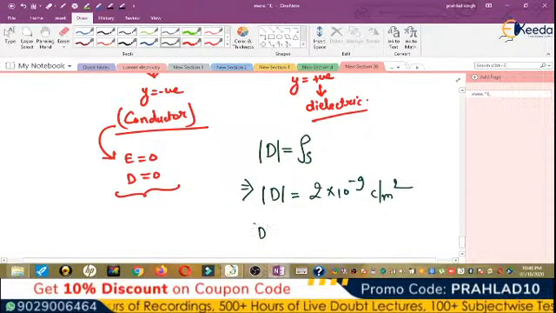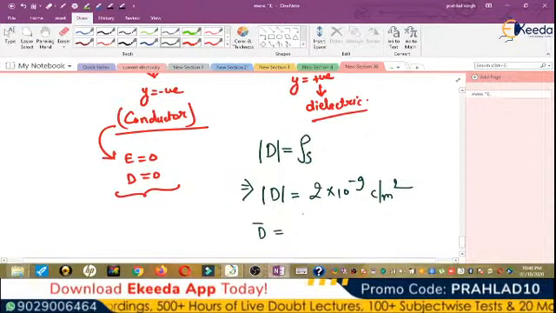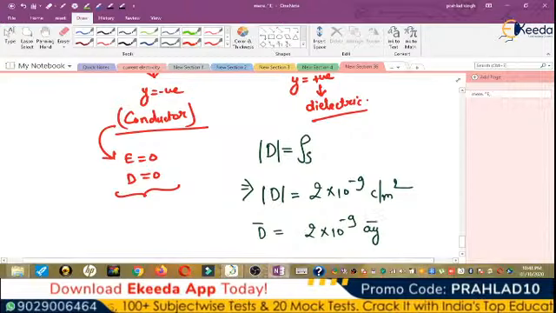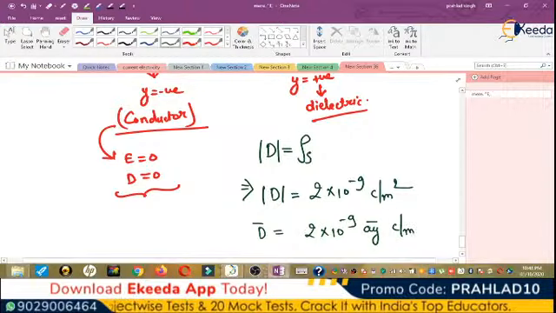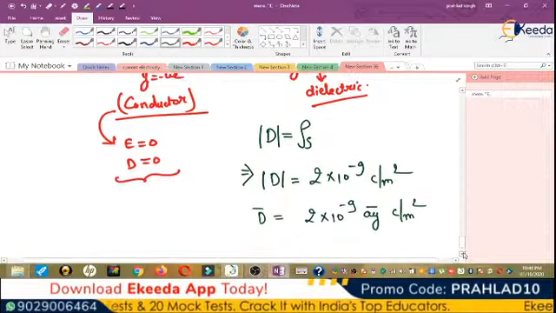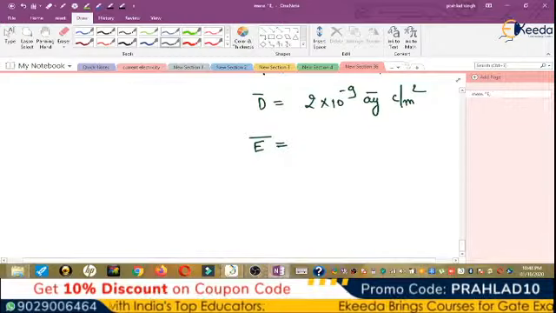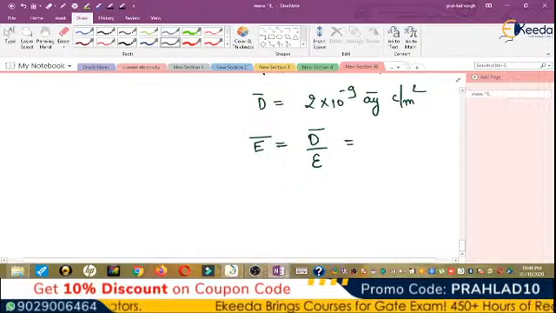And when we observe the direction, this direction is ay vector. So this is 2 into 10 to the power minus 9 ay coulomb per meter square. And we can also calculate the value of electric field here, which is simply D by epsilon.